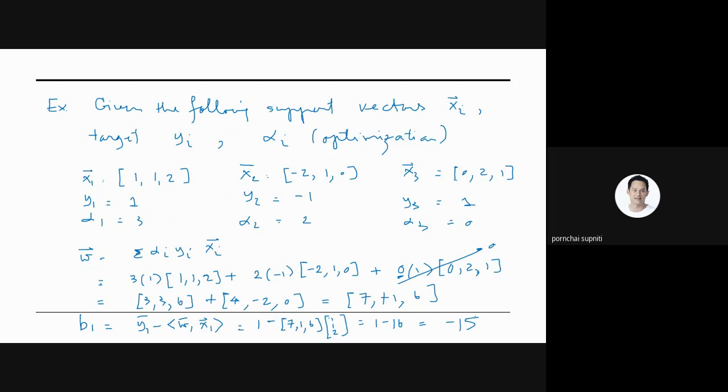Okay. And you can compute B2, B3 as follows as well. Okay. And so this is how it is computed. Okay. And let's take a look at, I don't think I have time to look at the kernel. Okay. We'll look at the example at the end. Okay.